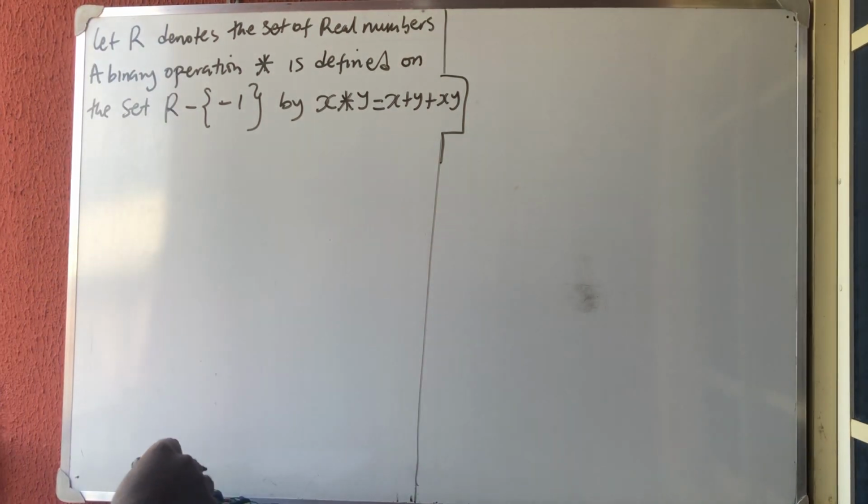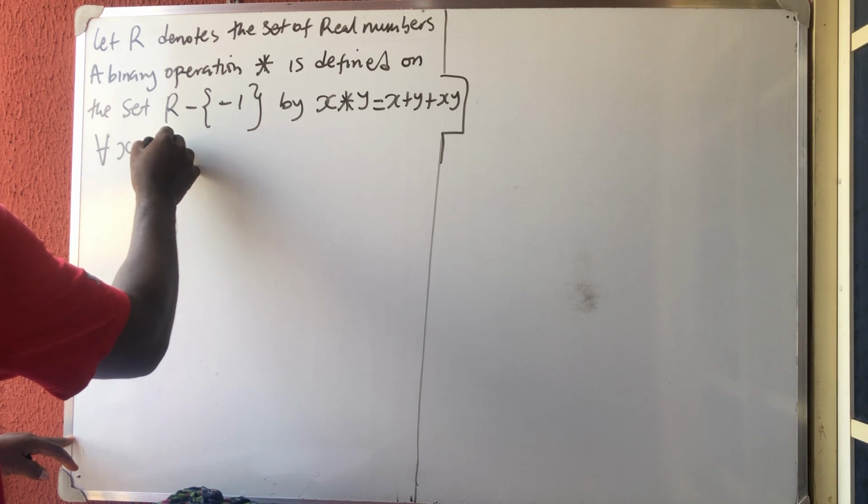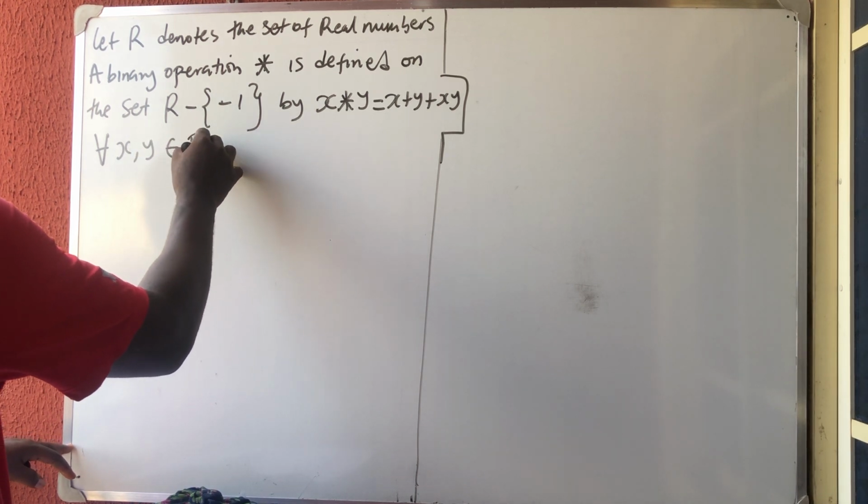Okay, they have given us the formula for all x and y being an element of the real numbers.